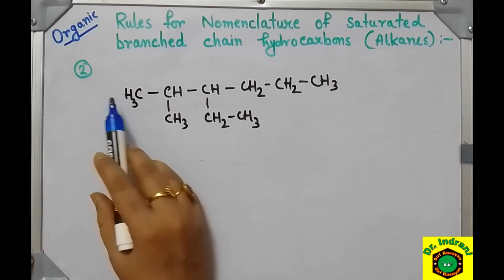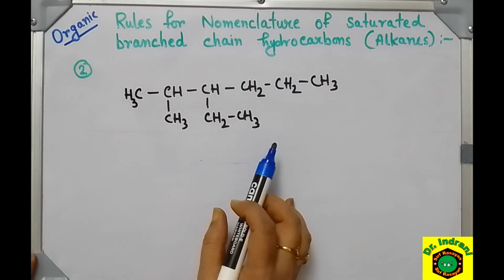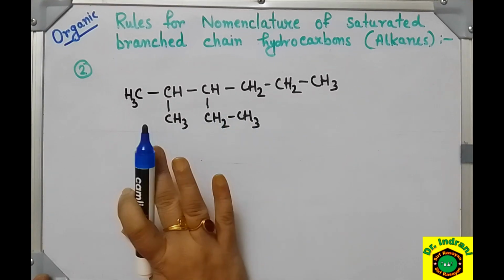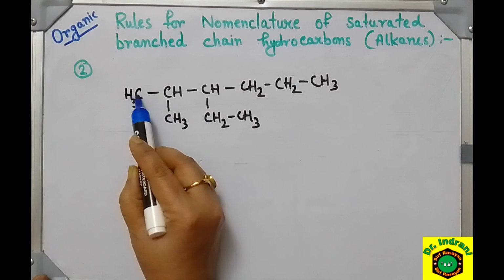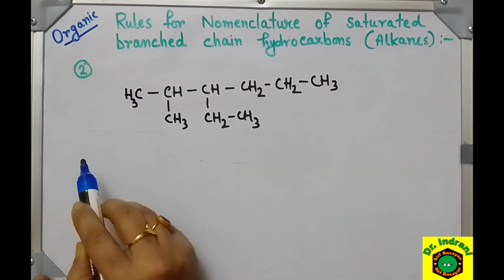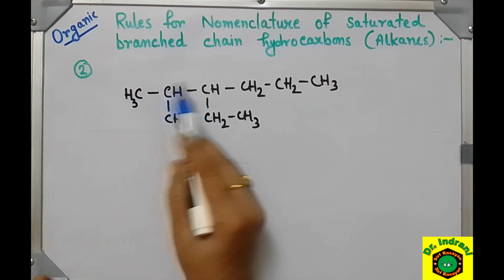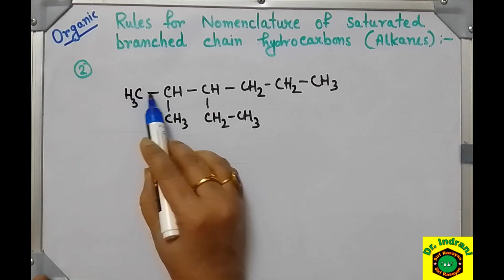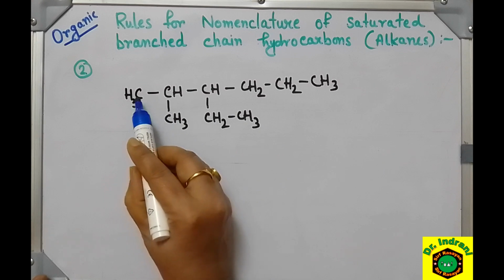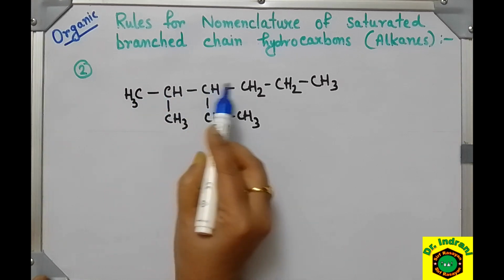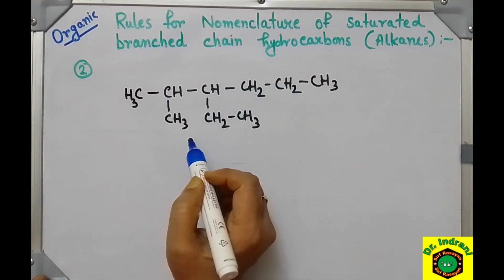Now rule 2. Suppose we are having this molecule. First we will see how many chains are possible here. There is one small chain having 1, 2, 3 carbon atoms. Another chain has 1, 2, 3, 4, 5 carbon atoms. Another chain has 1, 2, 3, 4, 5, 6 carbon atoms.